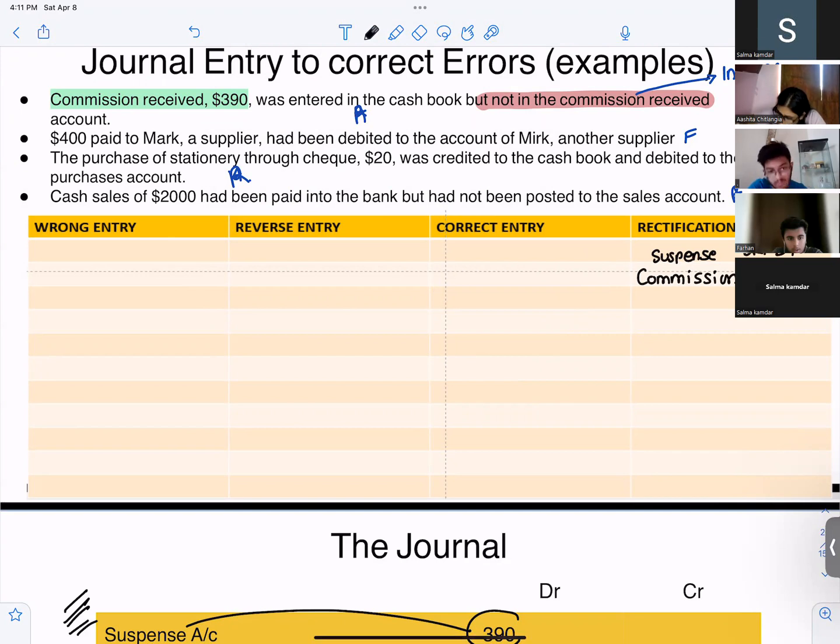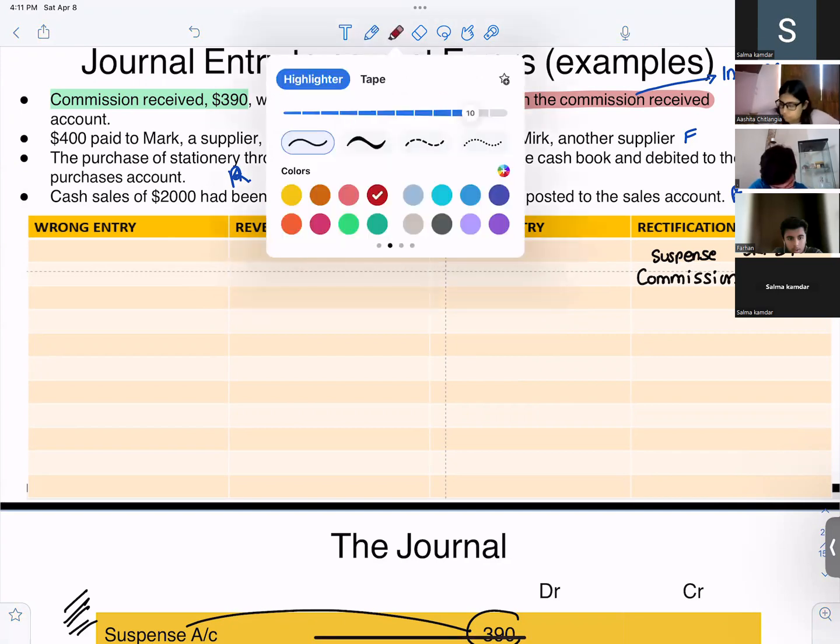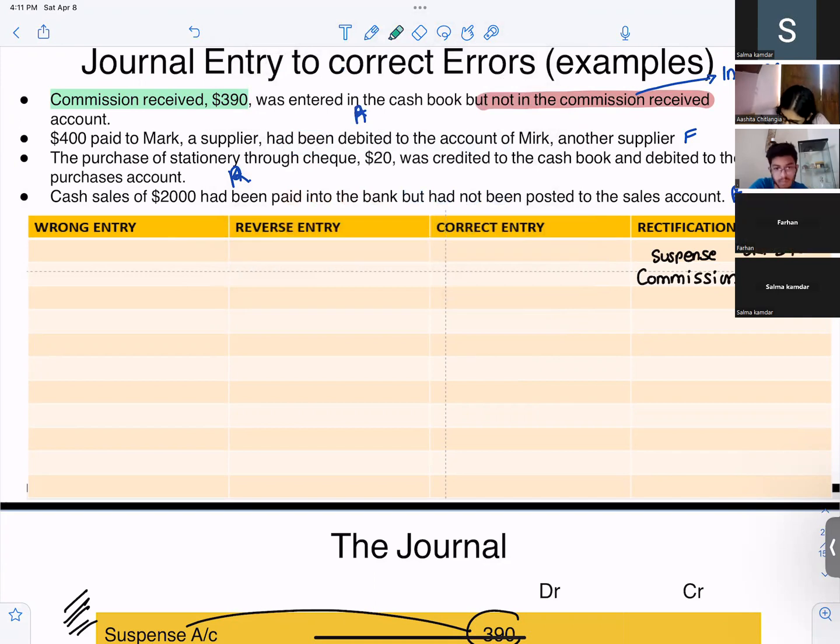Okay, Farhan. First identify the correct and wrong. 400 paid to Mark, a supplier, had been debited to the account of Merck. Which is the correct entry? The correct entry is 400 paid to Mark.